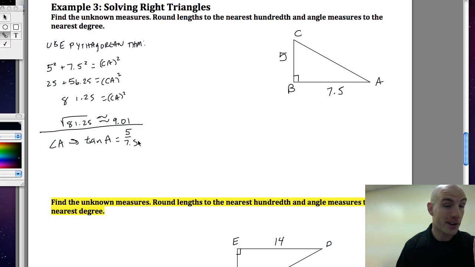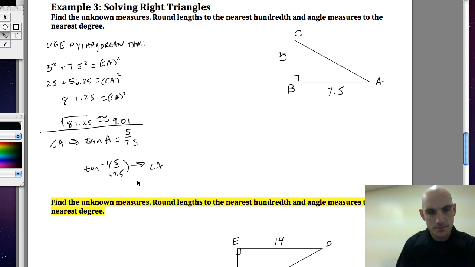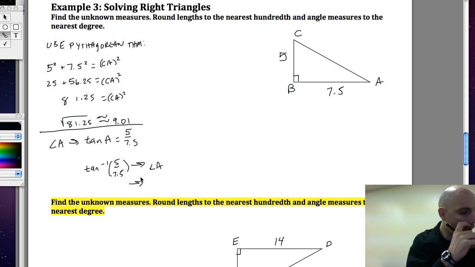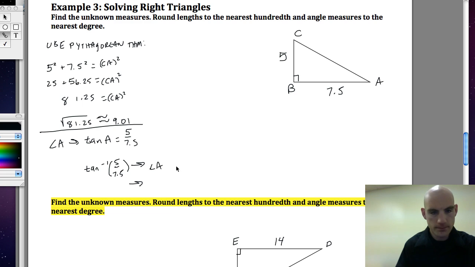If you see what's going on here, remember, we talked about inverse trig ratios last video. So if I take the inverse tangent of 5 divided by 7.5, this is going to give me angle A. Well, what that gives me is angle A approximately equal to 34 degrees.